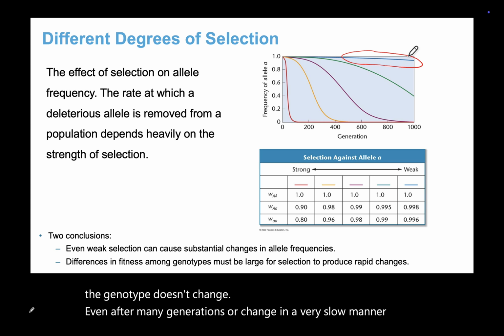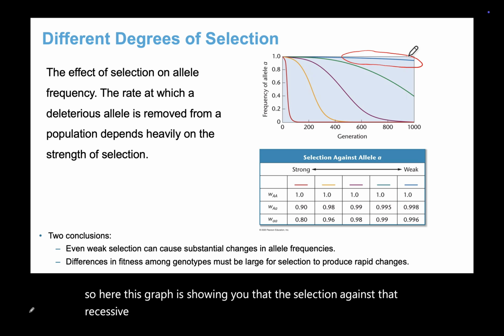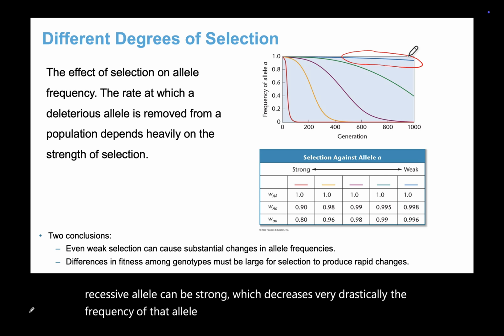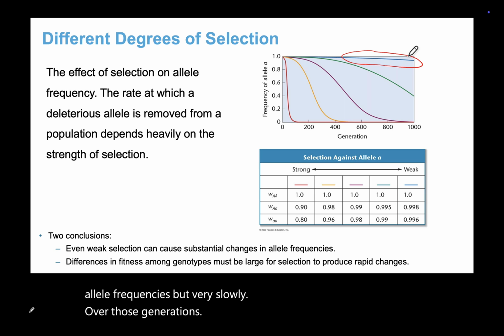So this graph is showing you that the selection against that recessive allele can be strong, which decreases very drastically the frequency of that allele, or very weak, which causes change in the allele frequencies, but very slowly over those generations. Those are the two main conclusions that we can take from this graph.